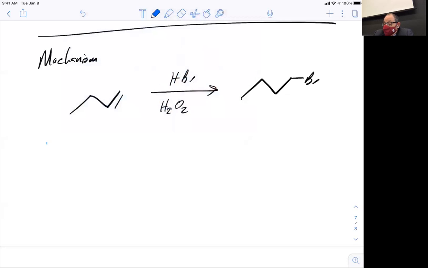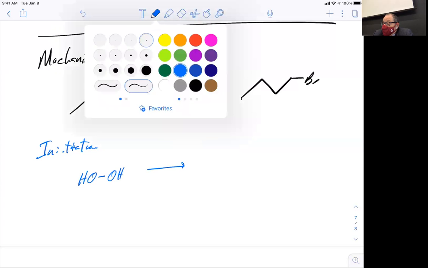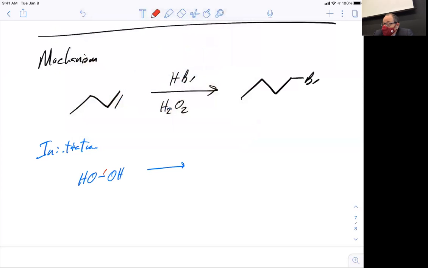Okay, so let's take a look. So the first step is going to be initiation. For the first step, we're going to use these half-barbed arrows or fishhook arrows.